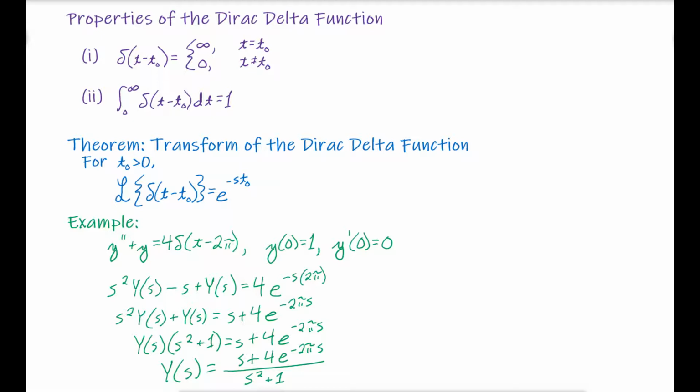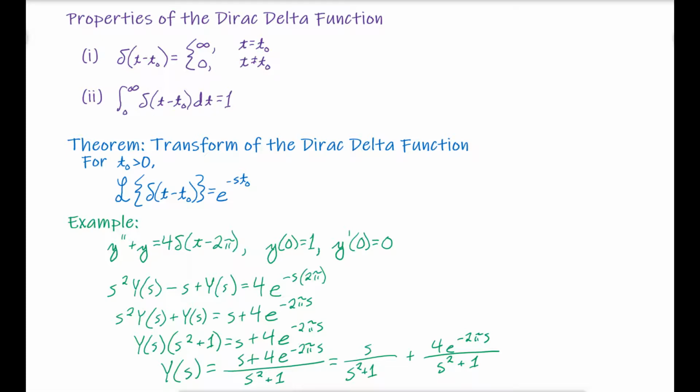So now I'm going to pull this apart into two fractions. So this is really s over s squared plus 1 plus 4e to the negative 2 pi s over s squared plus 1. The first part of this is obviously cosine of t, the inverse Laplace transform.